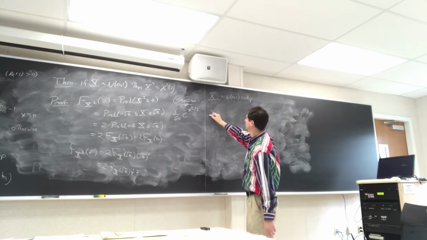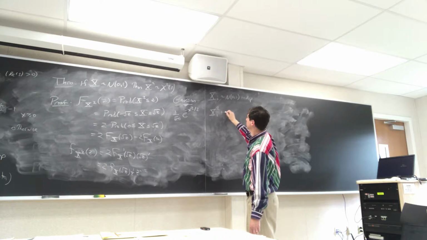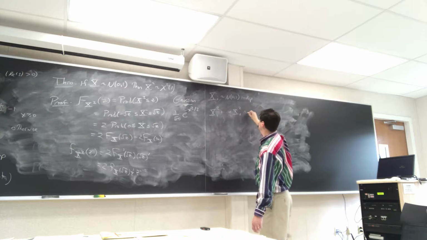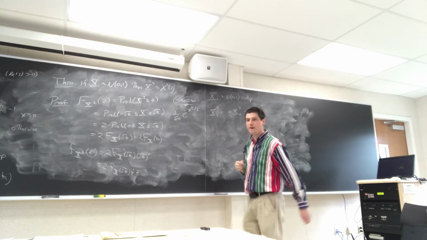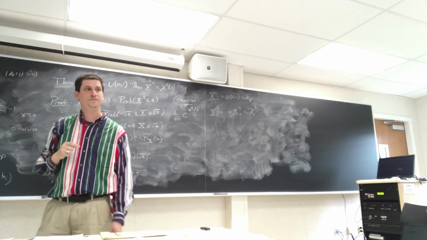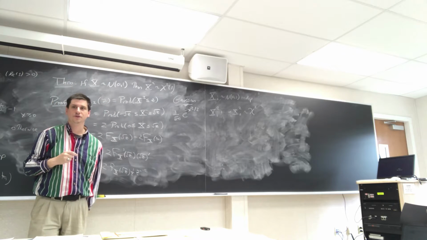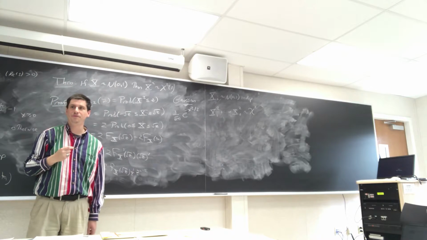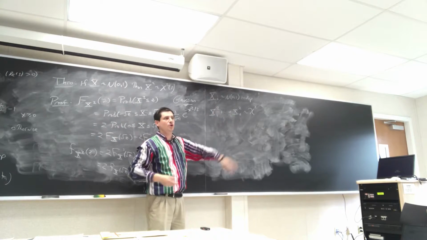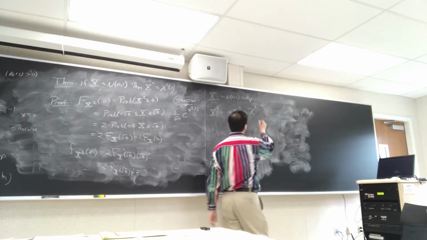So then if I look at x1 squared plus xn squared, this will be a chi-squared random variable with how many degrees of freedom? N. Each one of these is a chi-squared with 1 degree of freedom. We have n of them, so this will just be n.